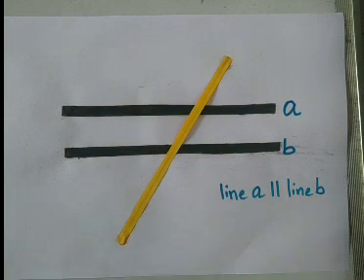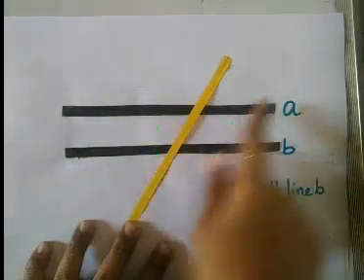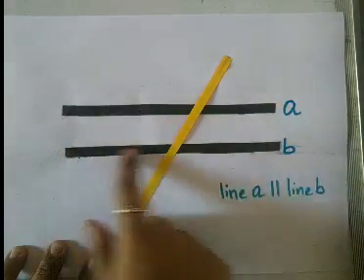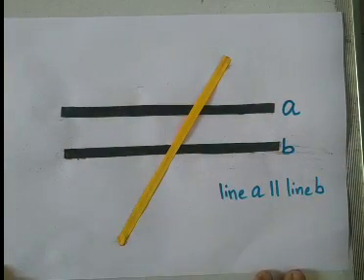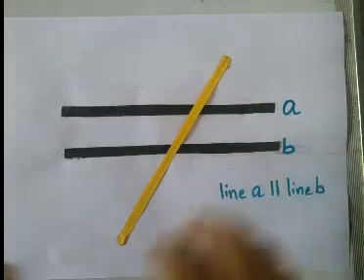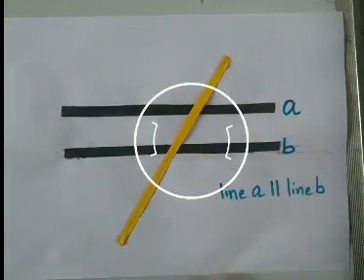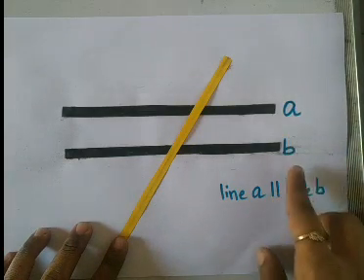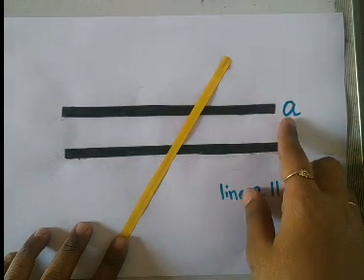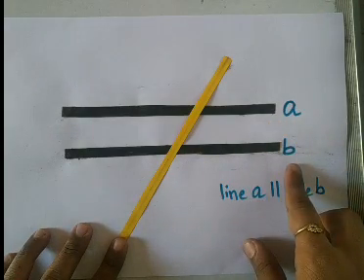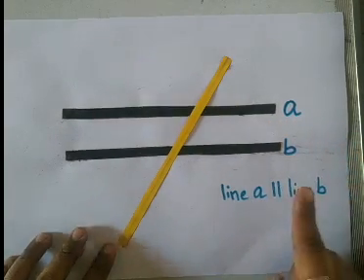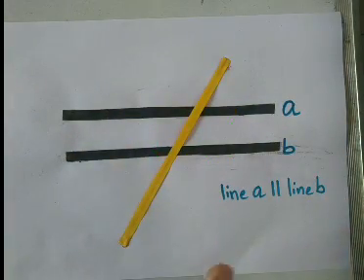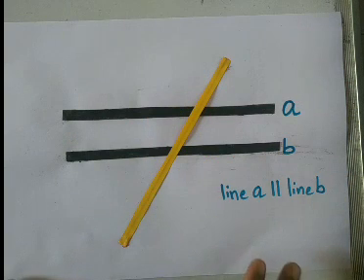Now here, as you can see, I have made a yellow strip for these two lines, and black strips for these two black lines. So these two lines are lying in the same plane. I have given them names, A and B. So this is line A and this is line B. Lines A and B are lying in the same plane without intersecting each other.